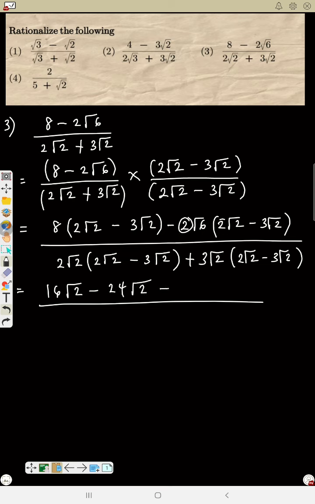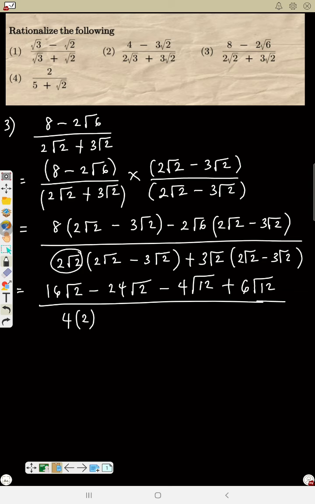Then minus 2 times 2, 4 root 6 times 2, 12, plus, so minus times minus plus, so 6, that is 2 times 3, 6, then 6 times 2, 12, so root 12 divided by again 2 times 2, 4, square root of 4, but that is square root of 2 times square root of 2. But I told you that you don't need to write that, you can simply write 2.